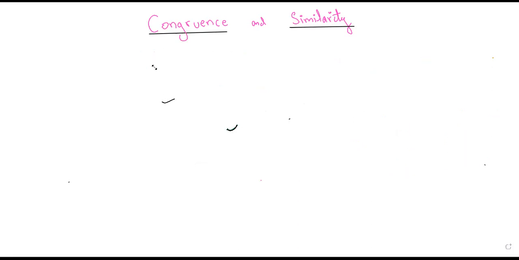Okay, let's talk about another example now. So we have black lines that are parallel to each other. This is the symbol which we use for parallel lines.